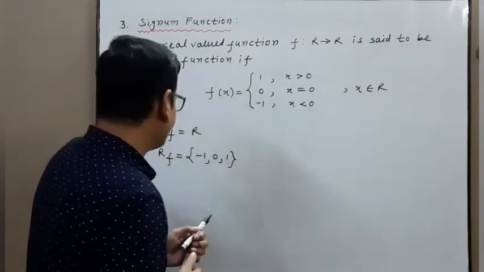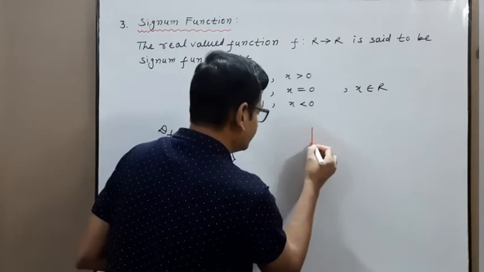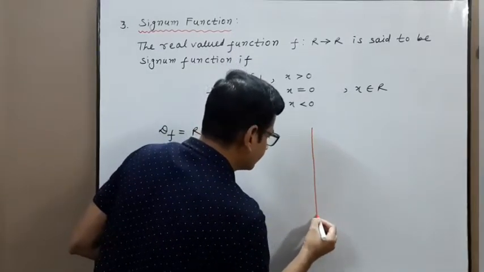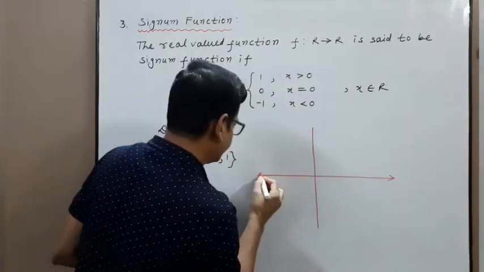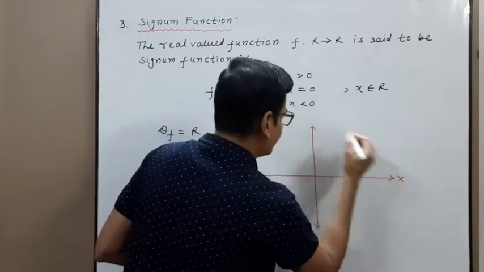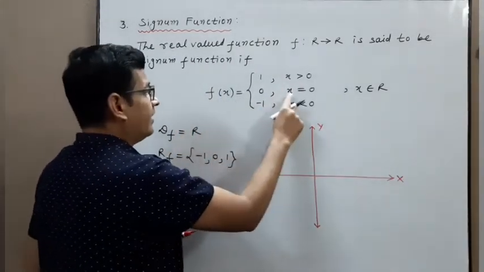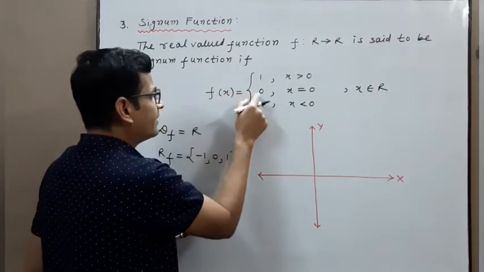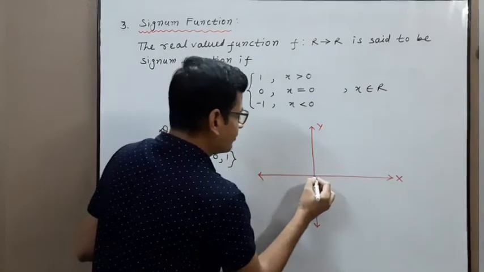Now the graph of the signum function. Draw the x and y axes. X axis, y axis. First point, at x equal to 0, the value of f(x) is 0. f(x) means y. So the first point is (0, 0).